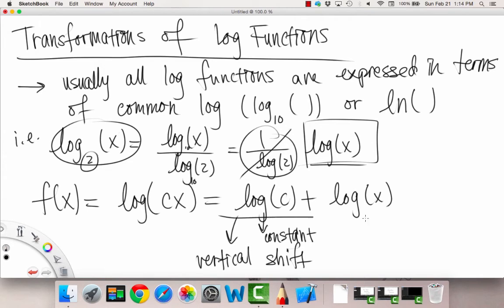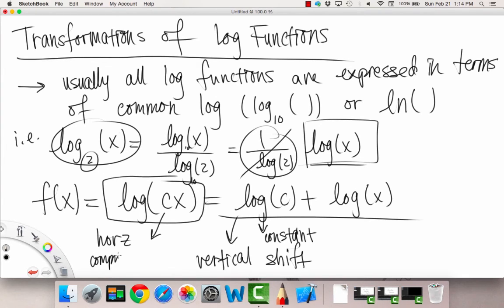So on the right side, that's what it denotes, is a vertical shift, but on the left side here, that's a little bit weird, right? Because we have a constant being multiplied directly times our x, so that should affect something horizontally. So on the left side, this is phrased as a horizontal compression or stretching. Some kind of horizontal scaling.